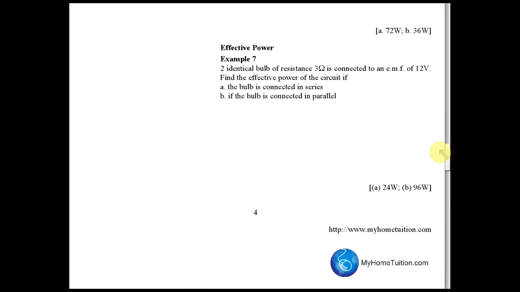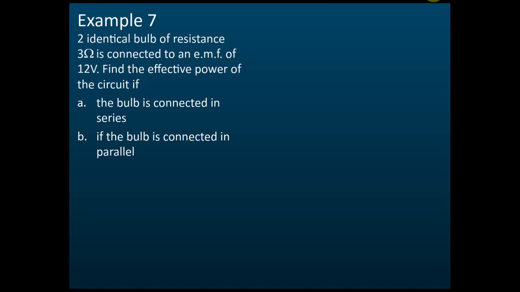Effective power. Example 7: effective power means the sum of the power in a circuit. Two identical bulbs of resistance 3 ohm are connected to an EMF of 12 volt.